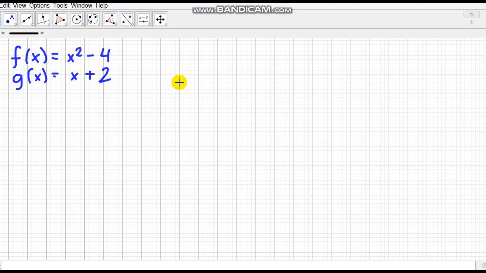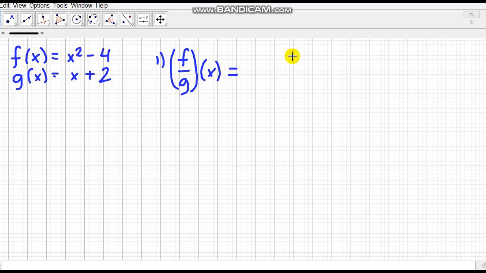Next, let's have division of two functions. So let's use these examples. f of x is equal to x squared minus 4, and g of x is equal to x plus 2. So let's perform first f over g of x.